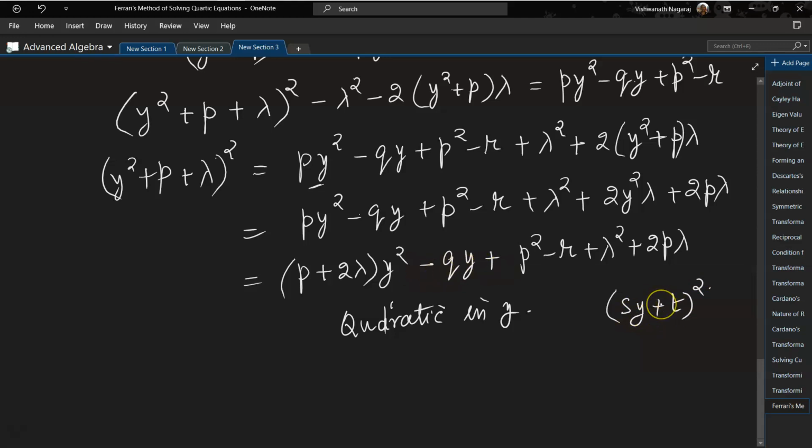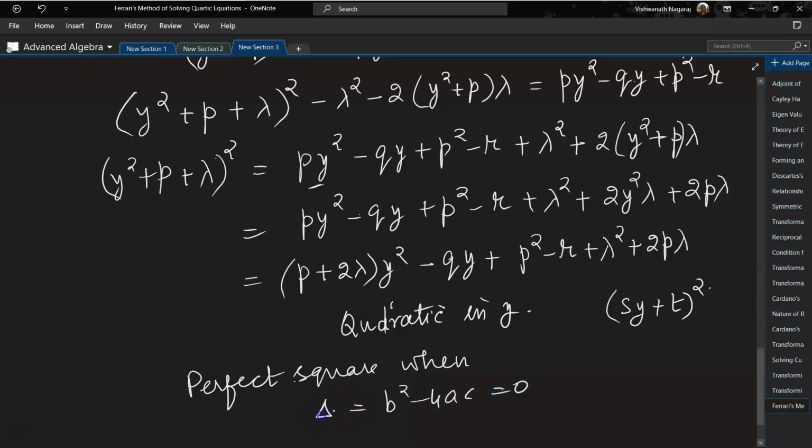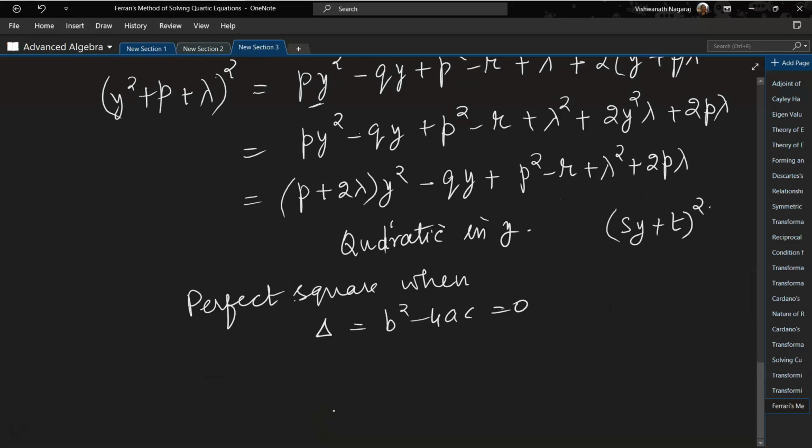So to arrive at this perfect square, what is required? A quadratic equation is a perfect square when b² minus 4ac is equal to 0. That is, your discriminant delta is equal to 0, so that it disappears and you are left with just a repeated root, which means basically a square.